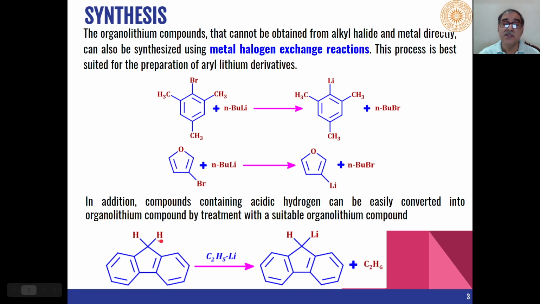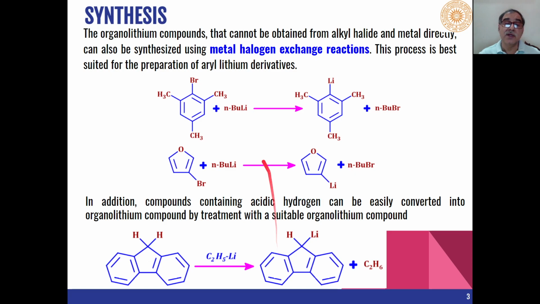And these acidic hydrogens react with ethyl lithium; ethyl is behaving as a nucleophile, because this is having negative charge and lithium is having positive charge. So this will abstract this acidic proton. Ethane gas will be formed, and lithium will be exchanged with this proton, and we will get the organolithium compound as the product.